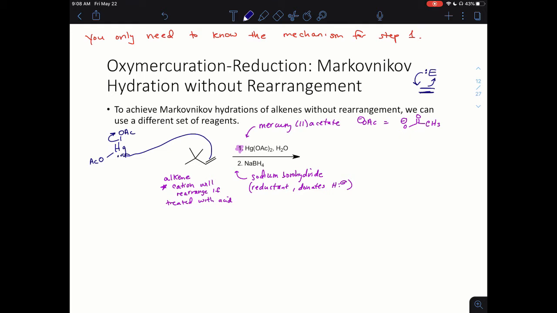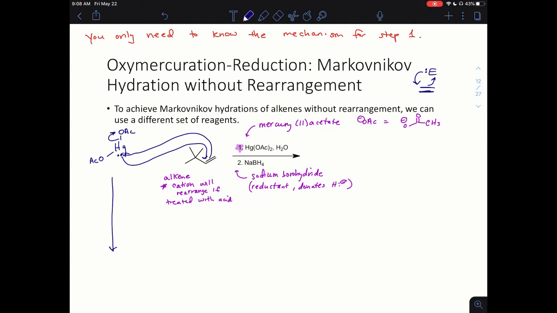And the mercury has some d orbitals, so it has electrons on it that it can then donate back to carbon. So those are the two interactions that are observed. So pi CC attacks the sigma star orbital for the mercury oxygen bond, generating an acetate leaving group. I'll draw that out in a second because it breaks that sigma mercury oxygen bond. And then there is a non-bonding pair of electrons on mercury that attacks back. It attacks pi star CC.